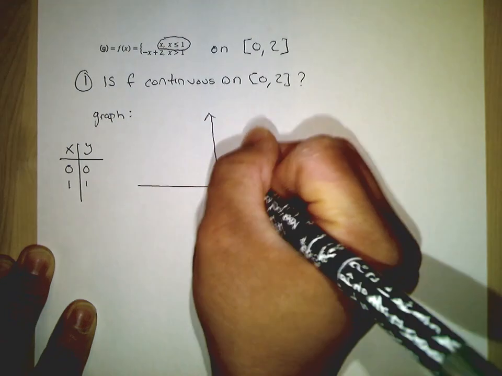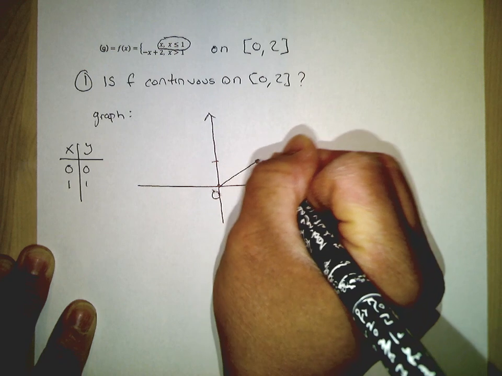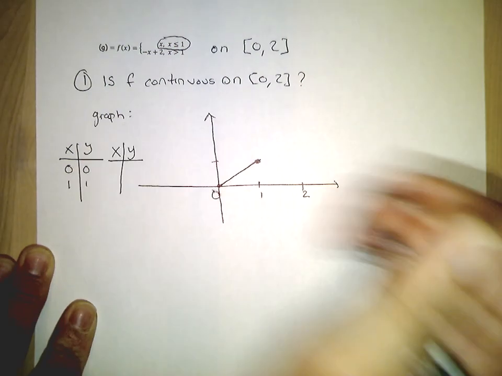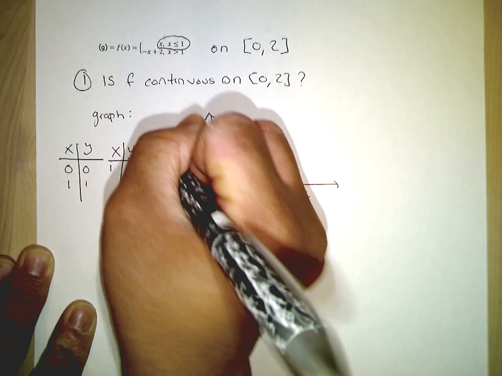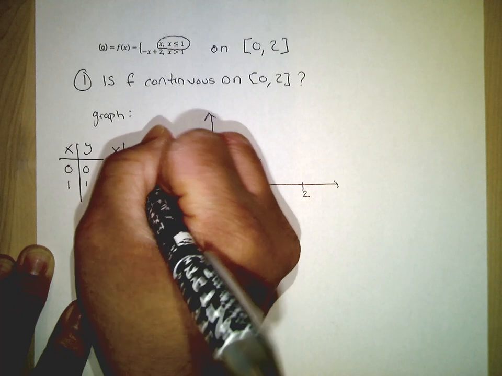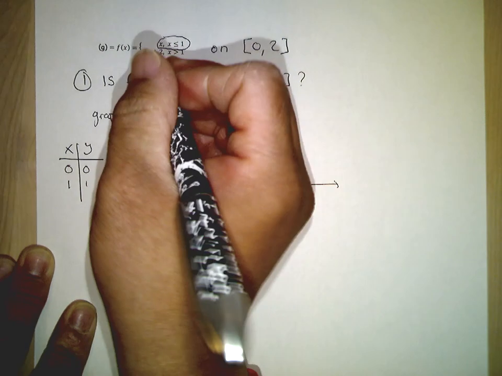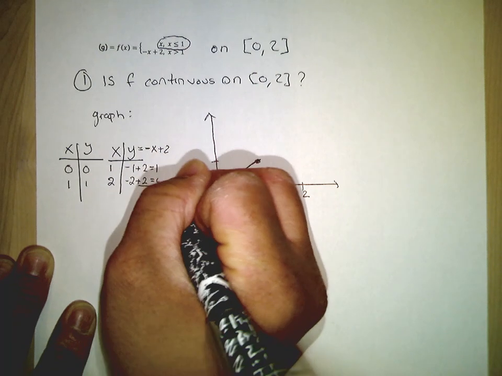So 0, 0 and 1, 1, and this is what this looks like. And now if x is greater than 1, y would be negative x plus 2. So that will be negative 1 plus 2, which is 1. And then at 2, we have negative 2 plus 2, which is 0.